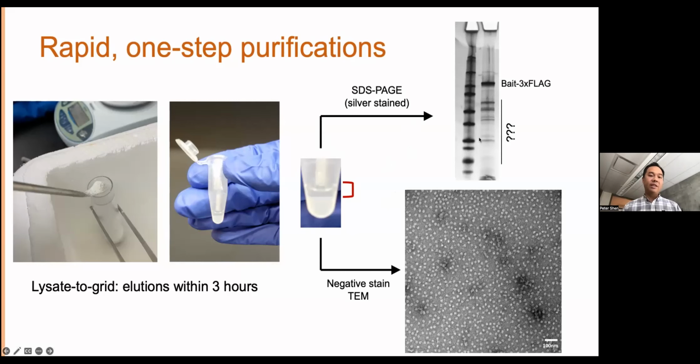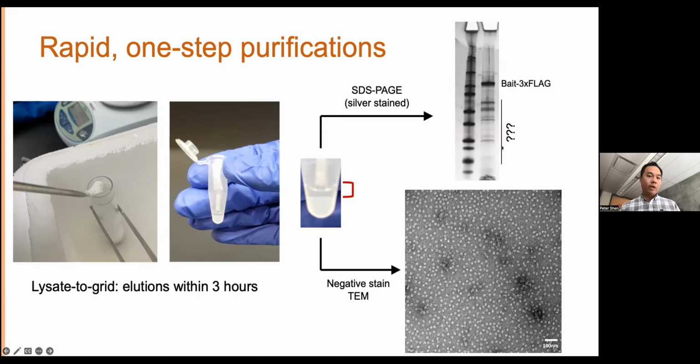So we always run these quality control assays, and the two that we always run are, we run our material on a gel just to make sure that our expected components are there. And for a hardcore biochemist, you might look at this gel and be like, well, there's a lot of stuff here. Maybe it's not as pure as one might like, but we actually see this as an advantage because for things that we're not interested in, the benefit of cryo-EM is that you just pick around them.